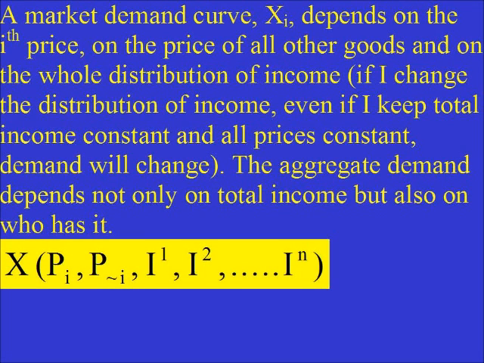The reason for that is because people have different demands, and if you give some people more money, they'll buy more of some goods and not the other. Therefore, the aggregate demand depends not only on total income, but also on who has it. So I can think of our demand for good X as a function of the price of that good, the price of all other goods, and the distribution of income of everybody in the market.